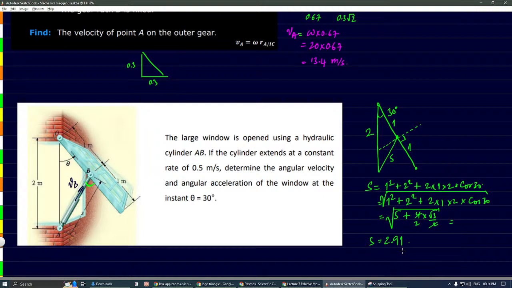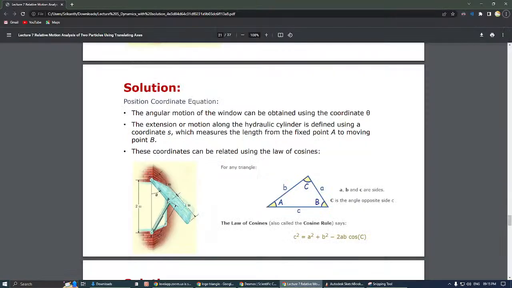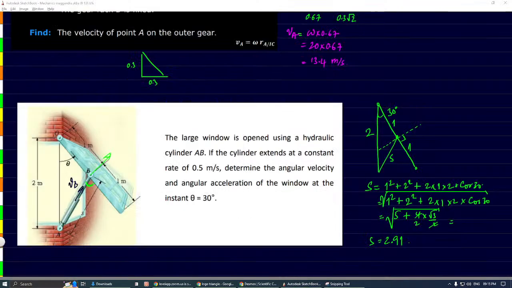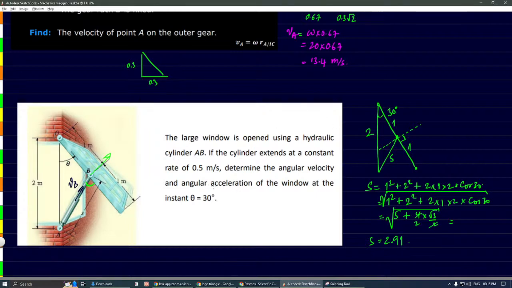We need the angle here. We know the angle, we can do directly. If B is perpendicular in this direction, perpendicular to this. What we need to do here?